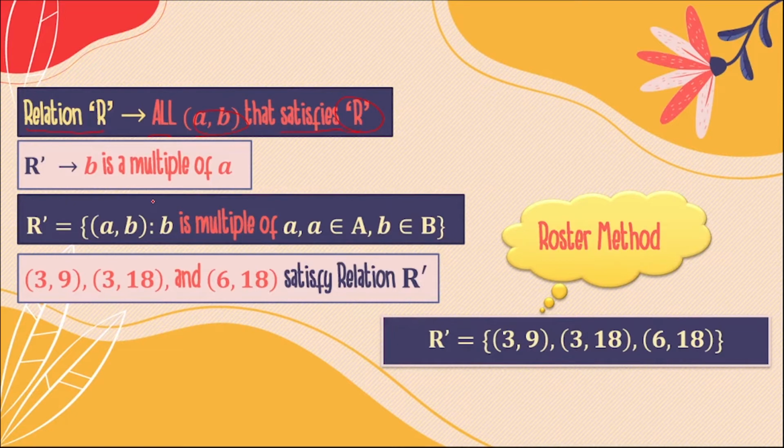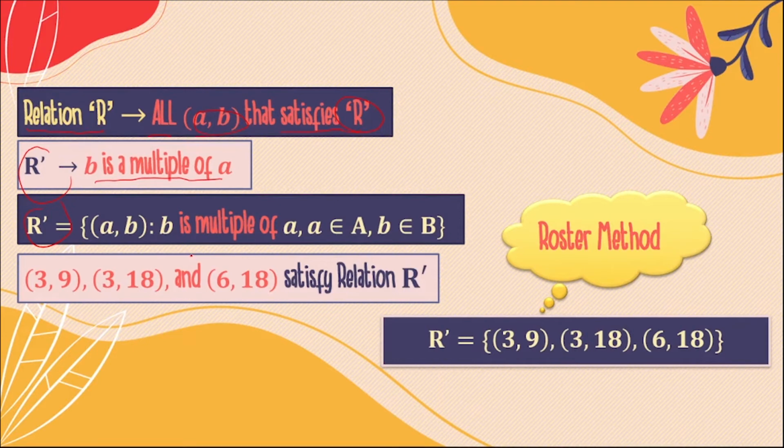Now, suppose we introduce a relation R dash such that b is a multiple of a. So we can say that relation R dash gives us a set of all ordered pairs (a, b), where b is the multiple of a. Every ordered pair in the set R dash satisfies the relation R dash. This is the set builder method to represent R dash.